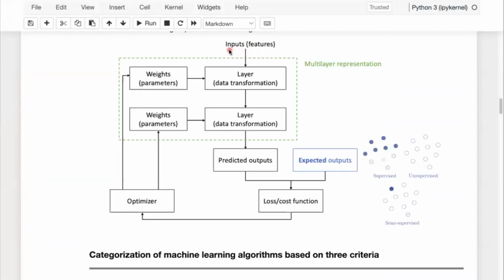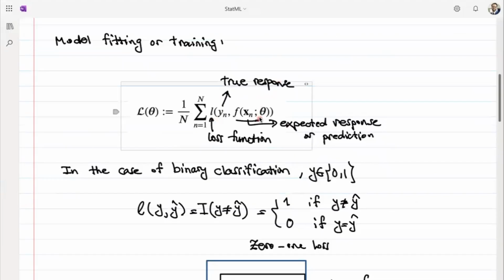So this is here x_n, this is theta, and the output is f of x_n and theta, because this is a function of both. And this is our expected response or prediction. And then what we do is find the average loss on the training data that we have.